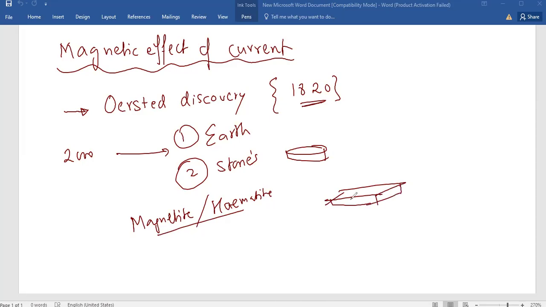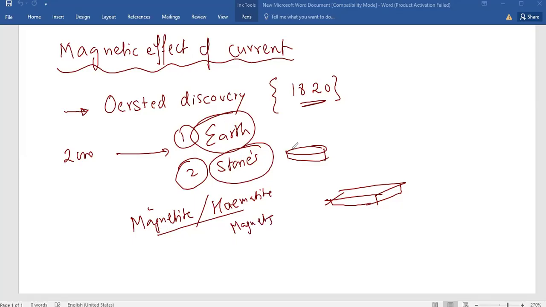So prior to Oersted's discovery, everyone was thinking that a magnetic field can be created only by Earth or by some special stones like magnetite or hematite.